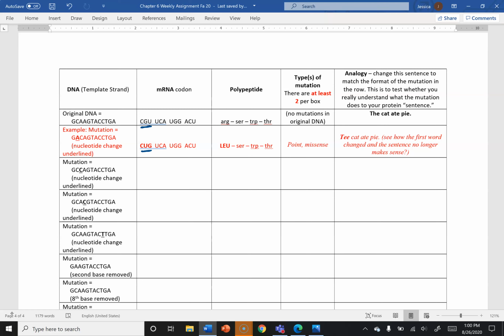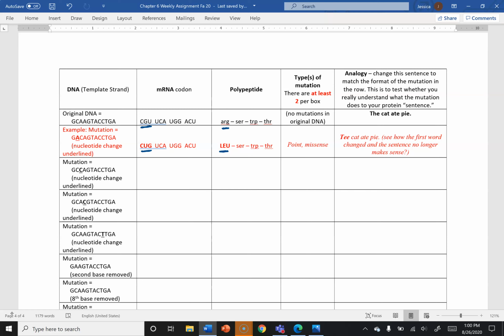Now, you are going to convert it again into your amino acid sequence. You might have already noticed we have changed from arginine to leucine. Now, we've done that by making a point mutation, a single nucleotide change, and we have created a missense mutation. Now, a missense is where you introduce a different amino acid.